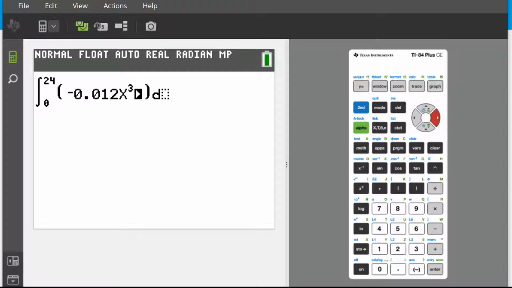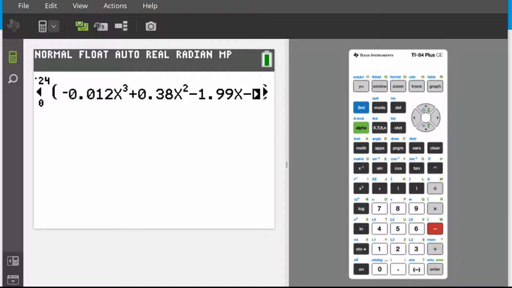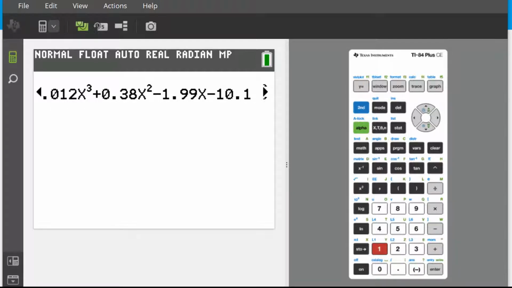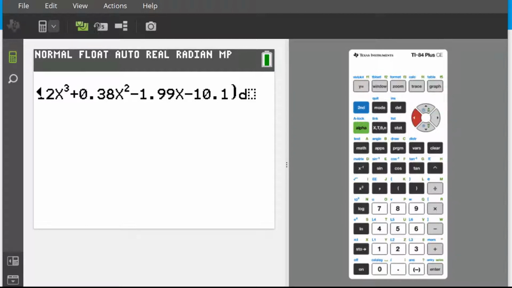Continuing, plus 0.38x. We want to square that. Now subtract, so use the minus symbol, not the negative. 1.99x minus the constant 10.1, and then be sure to key in for the dx portion x.